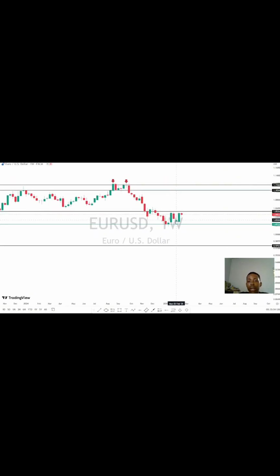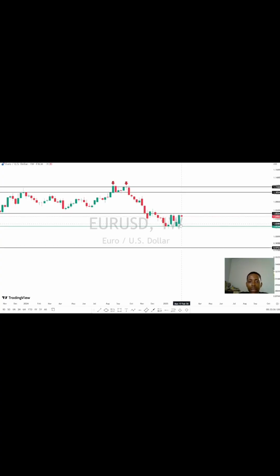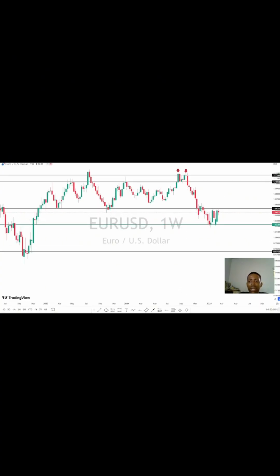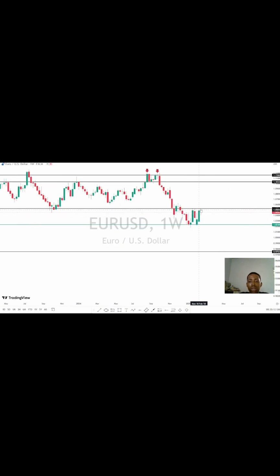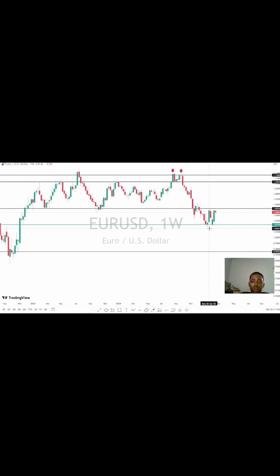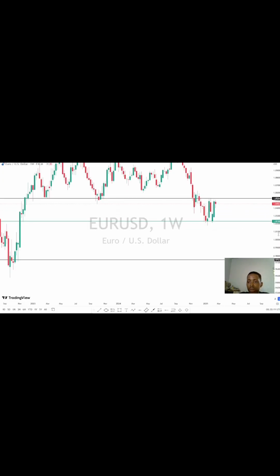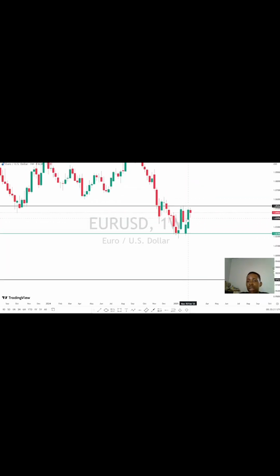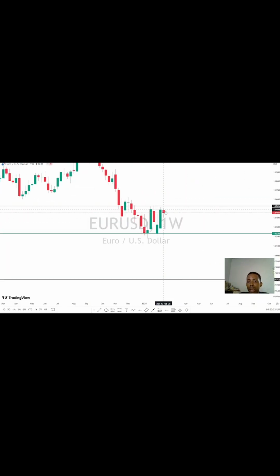We created a weekly doji, and now it seems that this market is heading back to this resistance above here, and from this recent weekly close, this is not a reversing pattern of the market. The weekly is still bullish.